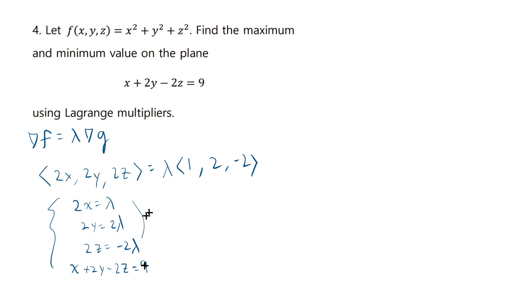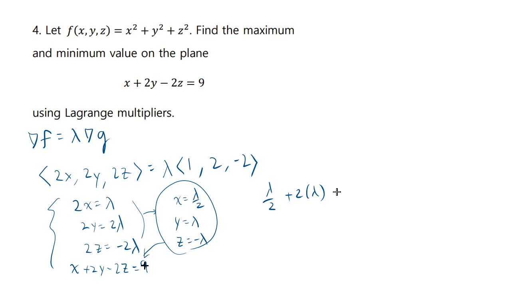Well, an easy way to do this would be to solve for x, y, and z. So x is equal to lambda over 2, y is just equal to lambda, and if you divide by 2, you get z equals negative lambda. These will go into the constraint, and you get lambda over 2 plus 2 times lambda, and then minus 2 times negative lambda equals 9, and this will become 9 over 2 lambda equals 9, so lambda equals 2.